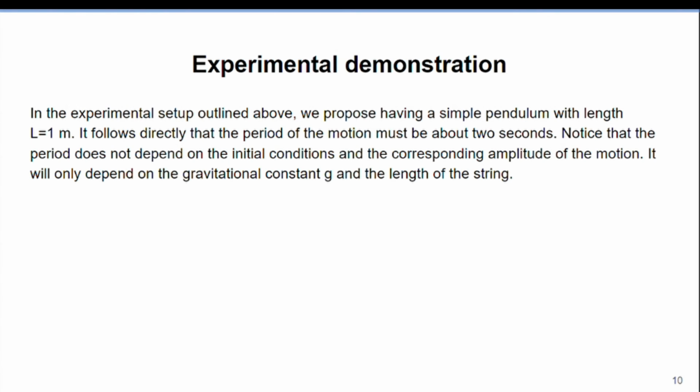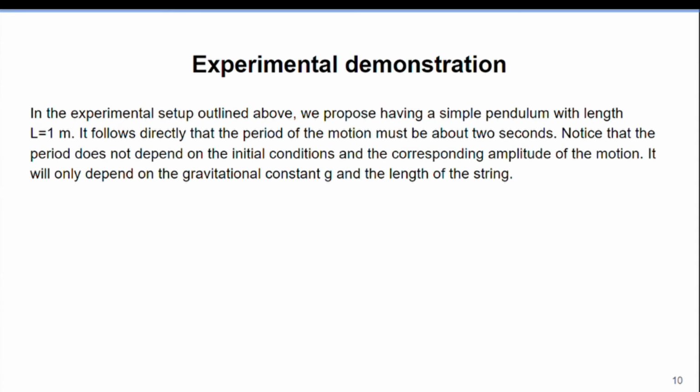Now we have the experimental demonstration. In the experimental step online, we propose having a simple pendulum with a length of 1 meter. It follows directly that the period of the motion must be about 2 seconds.